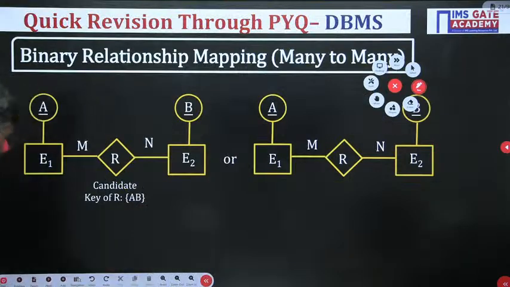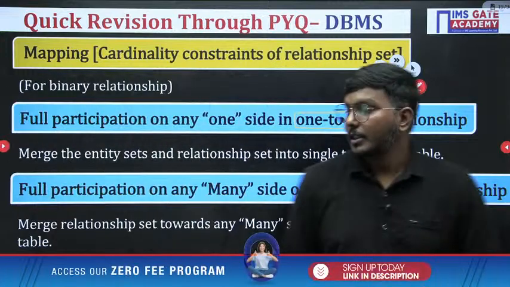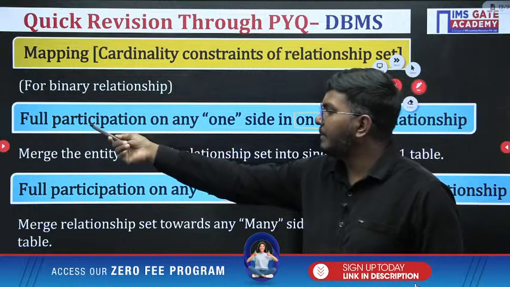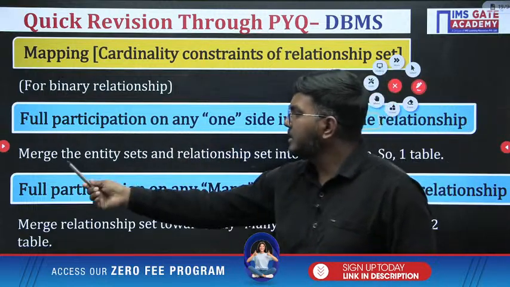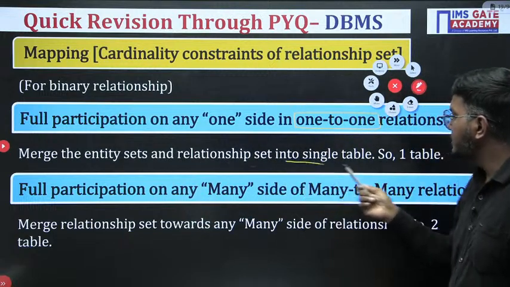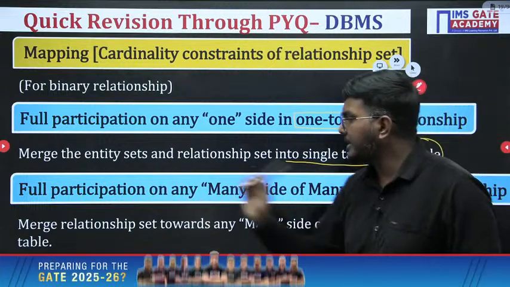Next is many to many. Read this one. If the mapping is one to one and any one side has a full participation, then merge the entity sets and relationship sets into a single table. Getting my point now? Now see the other cases.